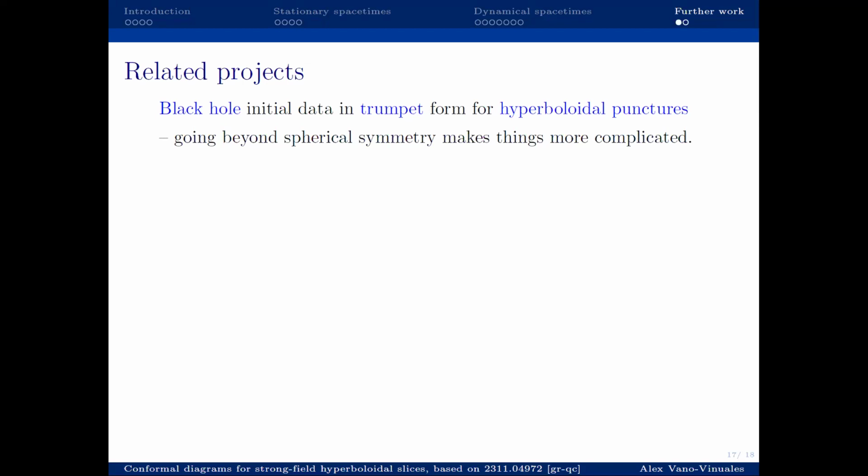Even if, as we can see, by default the gauge conditions do pull the grid points out of the horizon, it's still possible to gain some insight into how the slices look inside. So I'm trying to understand how to go beyond the spherically symmetric examples that I have shown.